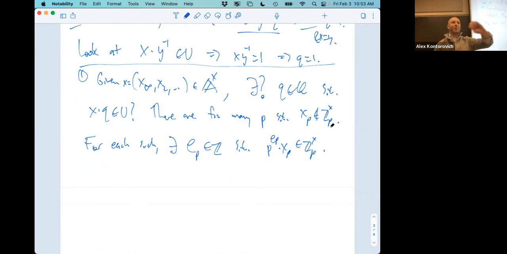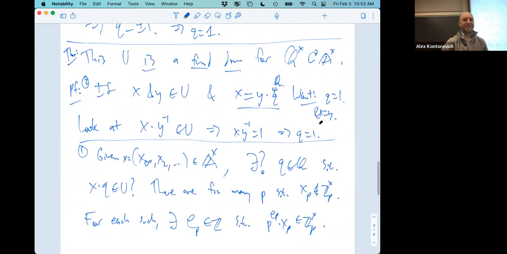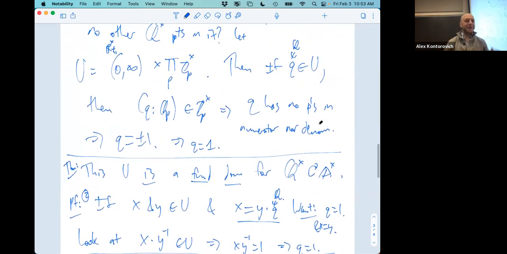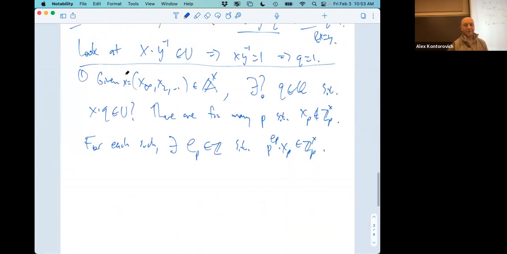But on this open set, the subspace topology still says you take whatever used to be an open set and intersect it with A cross. Just because this X is in the ideles means that all but finitely many P's are in ZP cross. So point by point, we're okay, even in the subspace topology. But if you try to do everything for an entire open set, that fails.